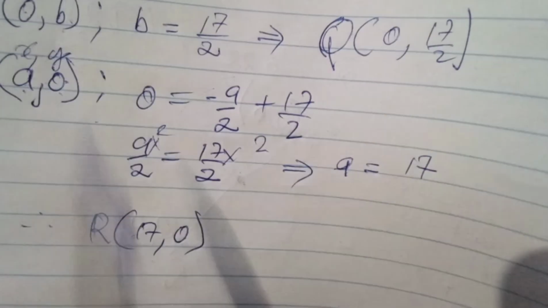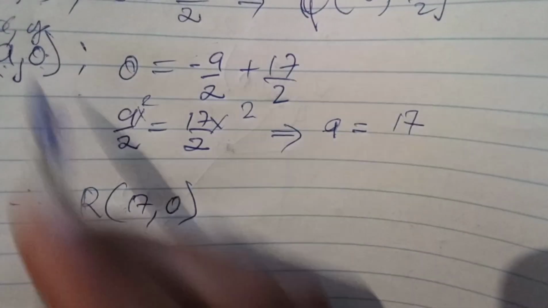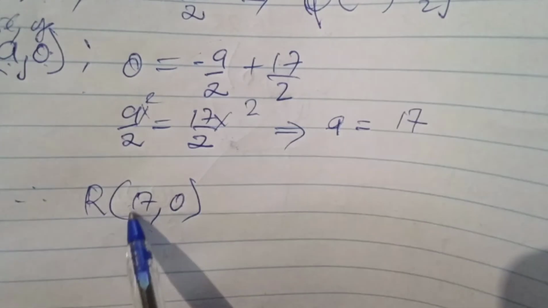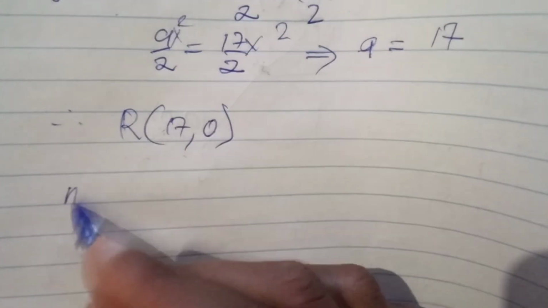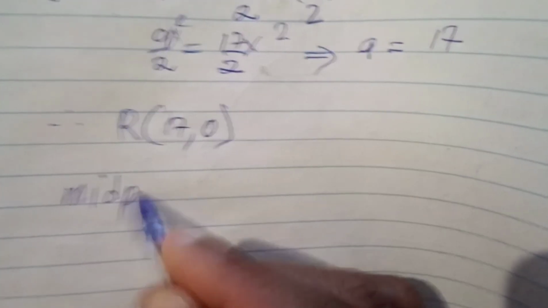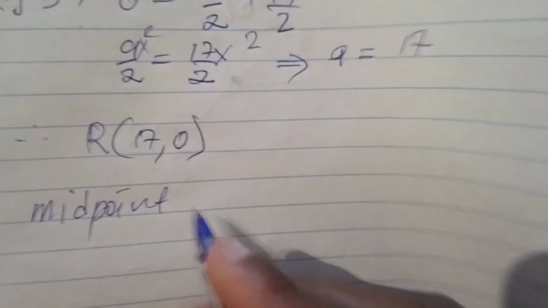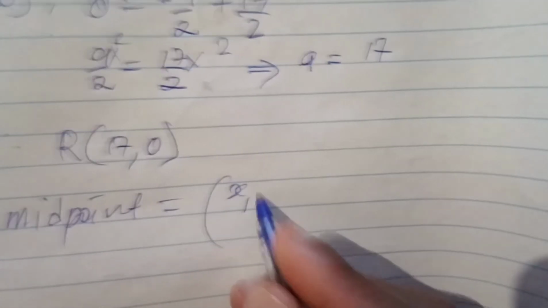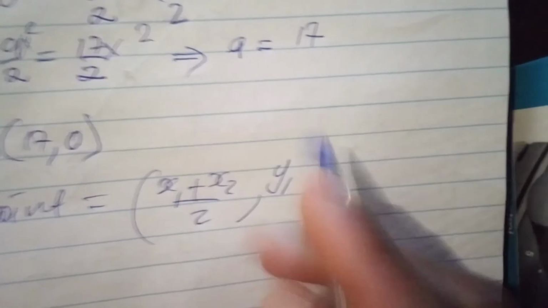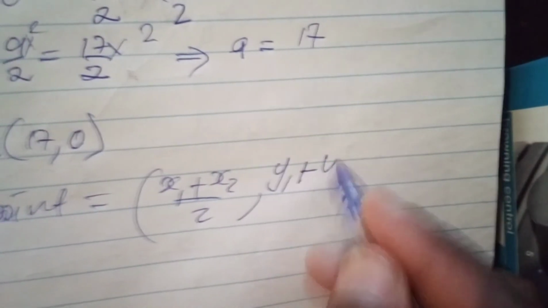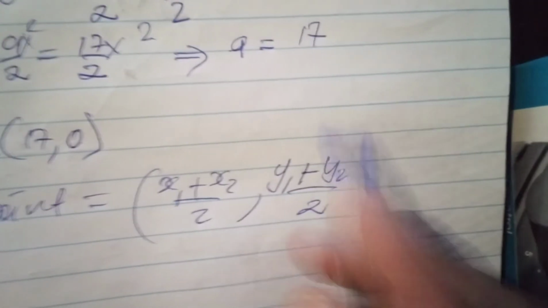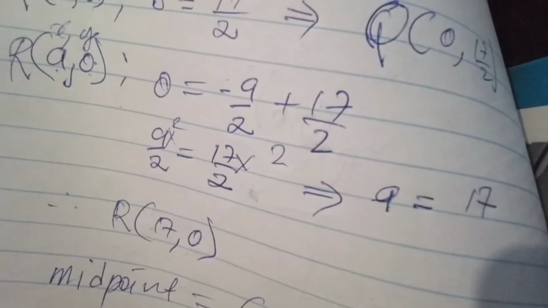So now we have these points of the normal. We can use the equation for finding a midpoint. The midpoint is equal to ((x1 + x2)/2, (y1 + y2)/2).